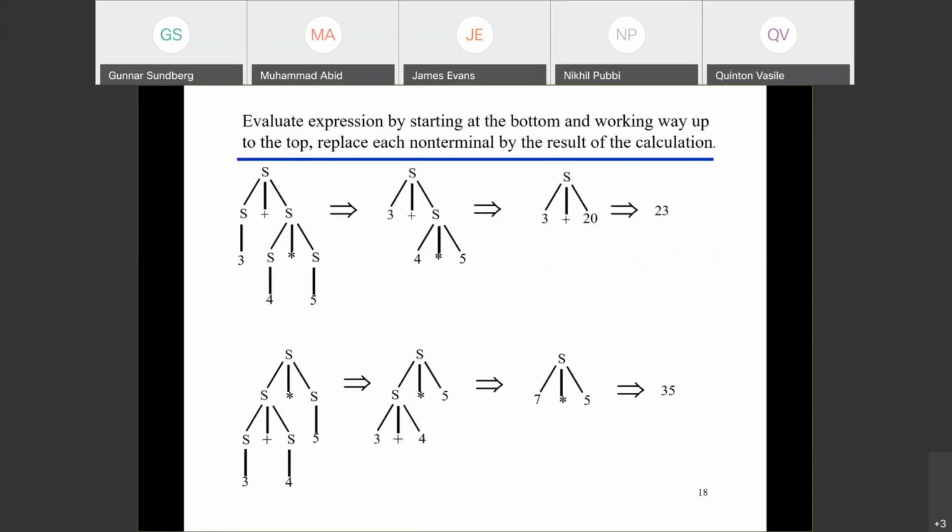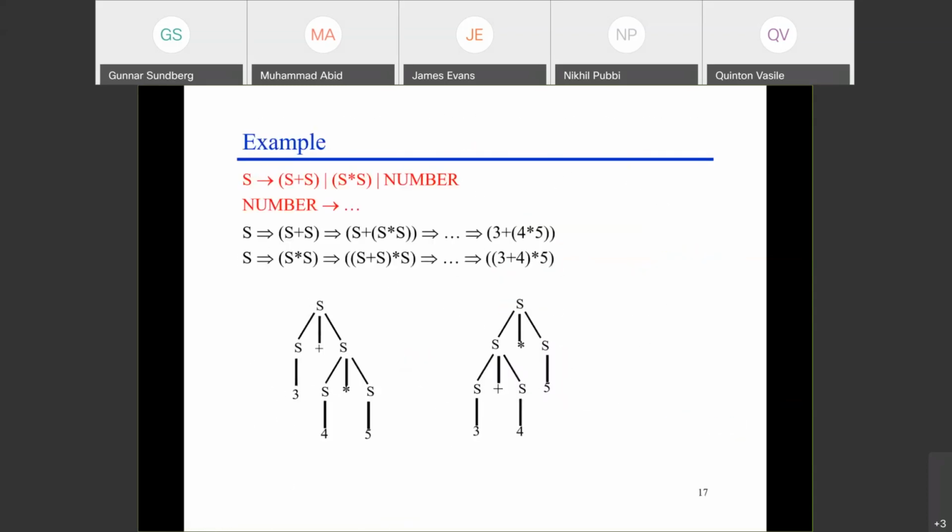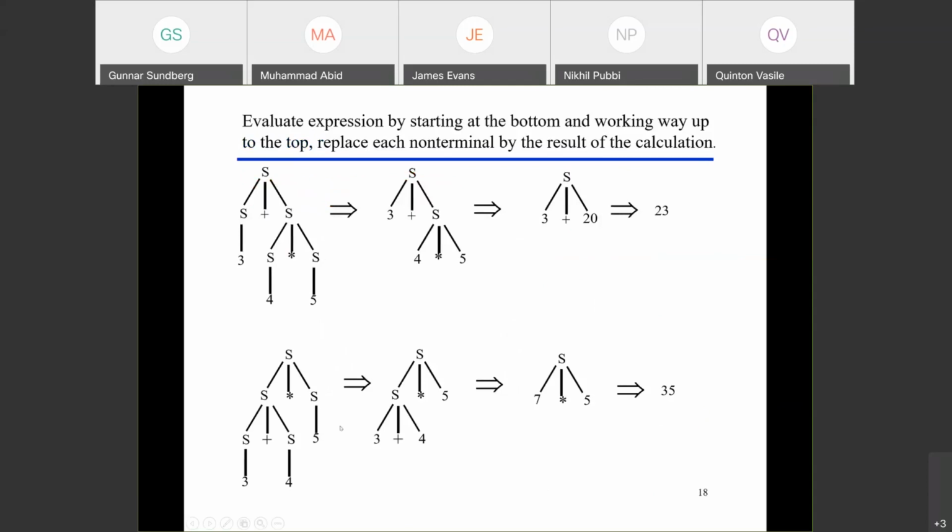Okay. So now once we generate this tree here, we evaluate the expression by starting at the bottom and working our way up to the top. Replace each non-terminal by the result of the calculation. We have a grammar and a production rule, and we convert that into a tree.